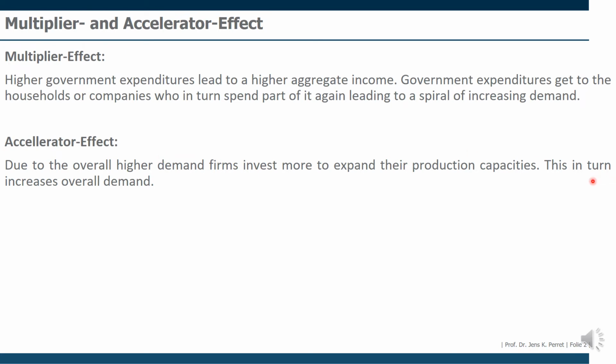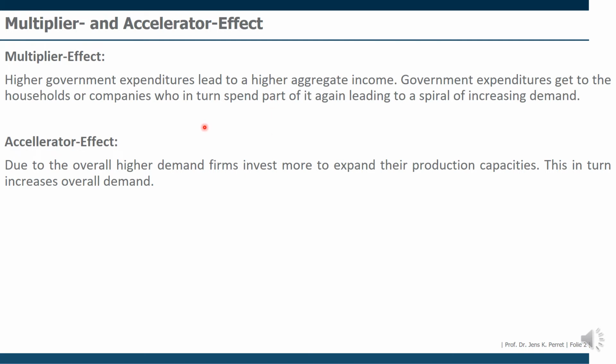This in turn again will increase demand for those products the companies need to actually invest and grow. So they demand more, we have an additional shift in demand. Well, the same thing goes as an interaction with the multiplier effect, as I mentioned.